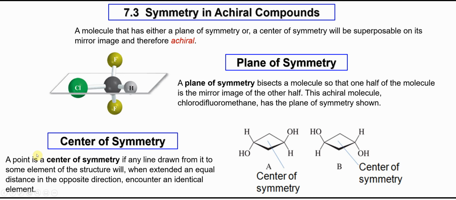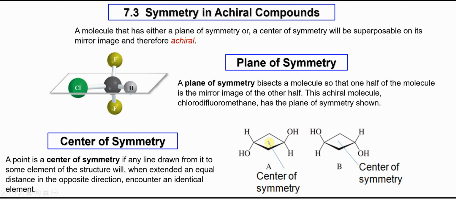So the center of symmetry tells you there is a point which serves as your center. If any line is drawn from this center to some element of the structure, when you extend the equal distance in the opposite direction, this structure will encounter an identical element.